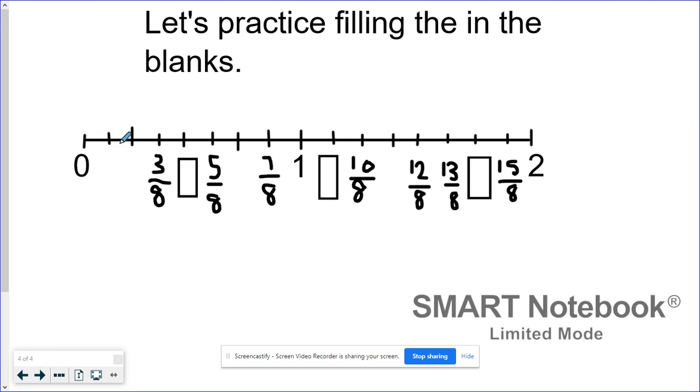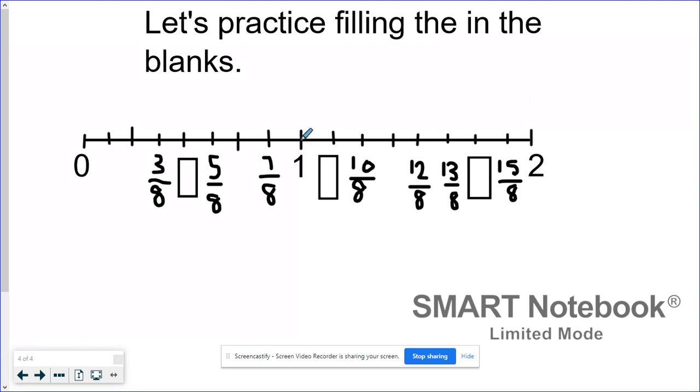So the first thing I want to ask myself is, what was this number line broken into? What is the denominator? So, from 0 to 1, how many spaces do I have? 1, 2, 3, 4, 5, 6, 7, 8. So I know that my denominator is 8. And you can see down below, it even gives you that hint.